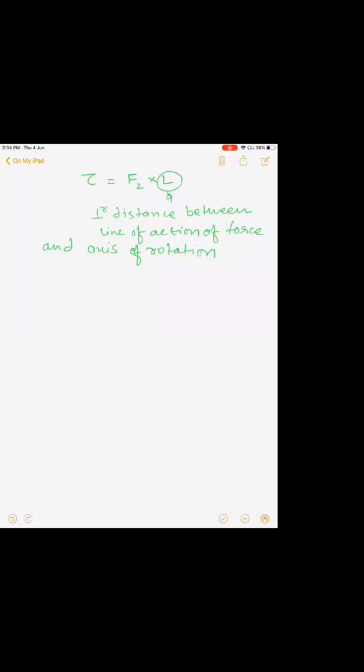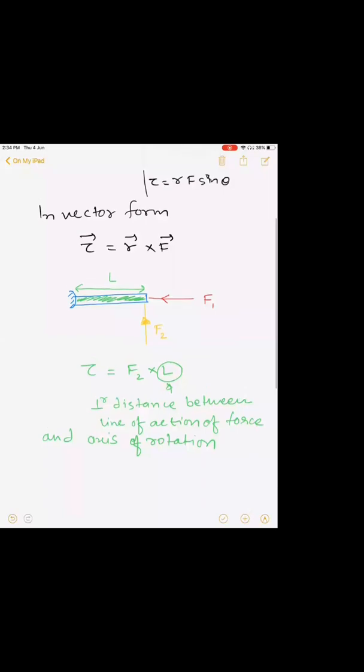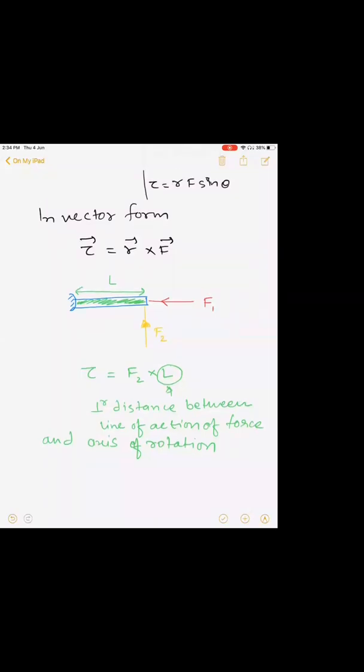Okay, this is L. Now you see that if we make the line of F2 big, this is the line of action of F2.